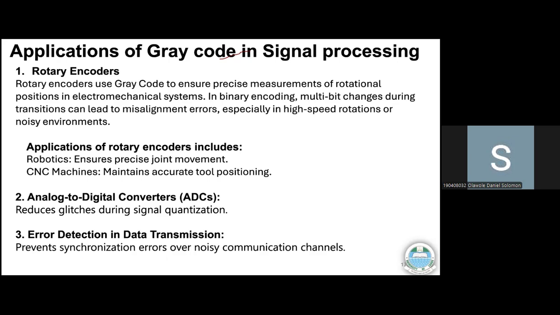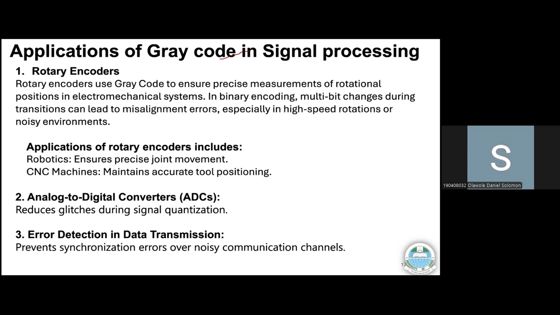Applications of gray code in signal processing. A very common example is in rotary encoders. They are crucial in electromechanical systems for tracking rotational positions with precision.